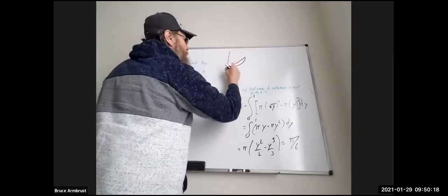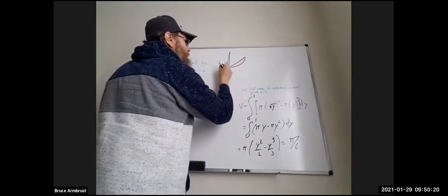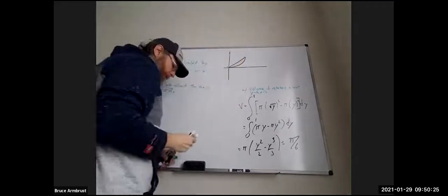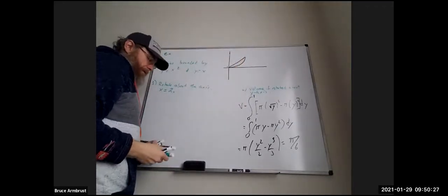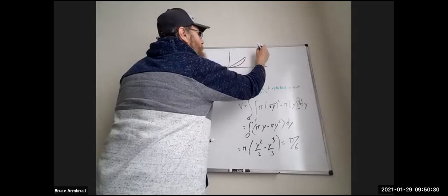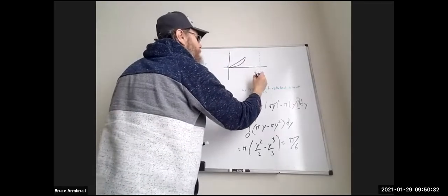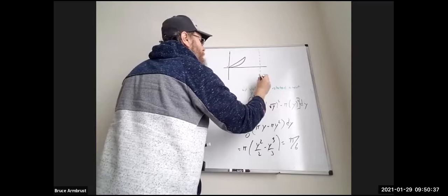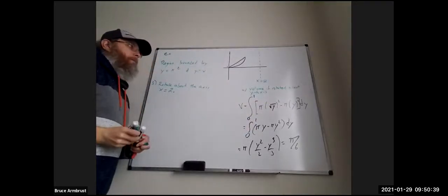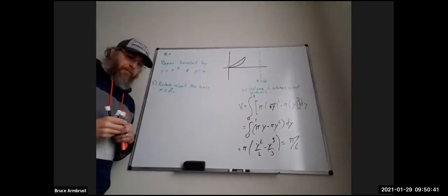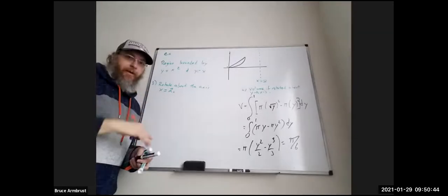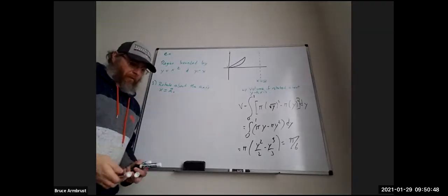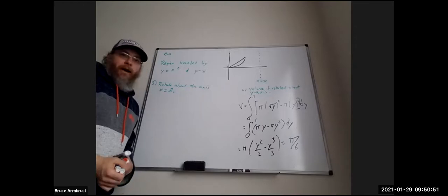So x equals 2 is going to be the line right here. When it's x equals, it's a vertical line, right? y equals is a horizontal line.